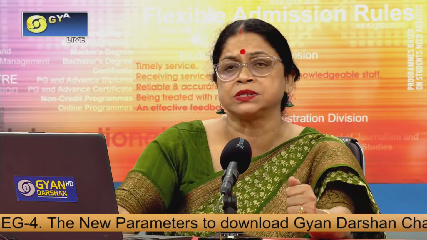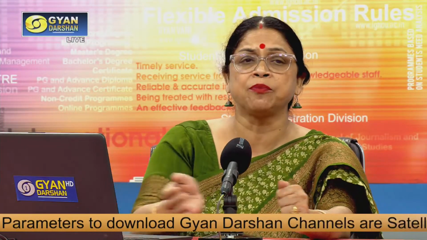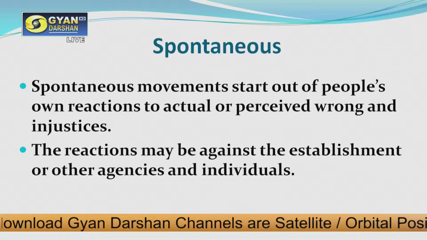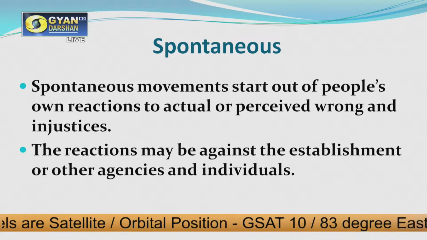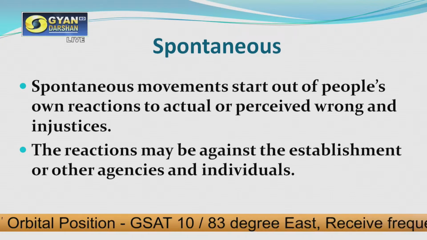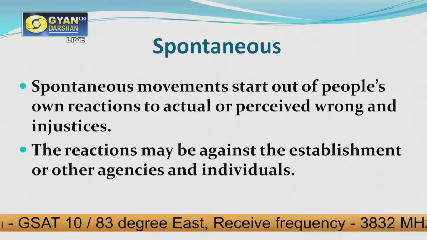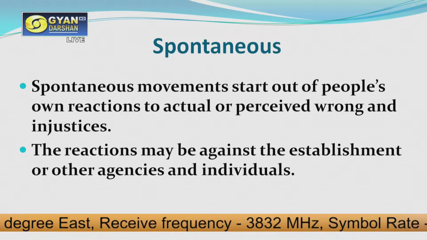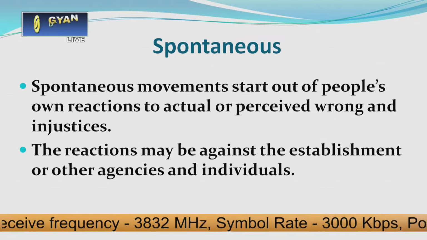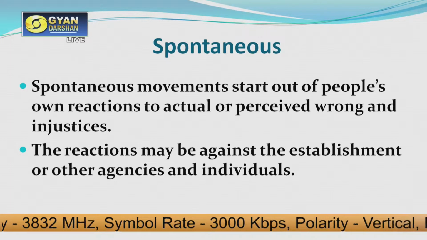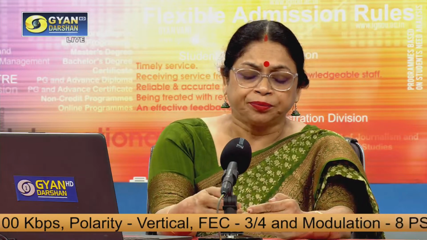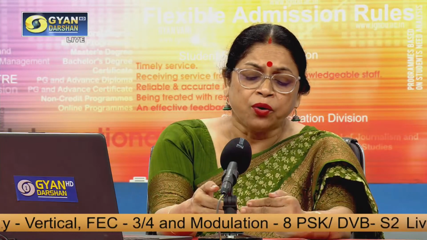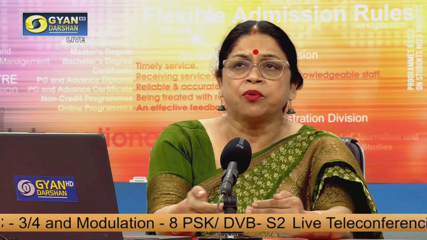Now the spontaneous type of social mobilization is one in which the movement starts out of the people's own reaction to actual or perceived wrong and injustice. The reaction may be against the establishment or other agencies and individuals. Sometimes something happens and spontaneously, no rules or regulations are followed, people react immediately.